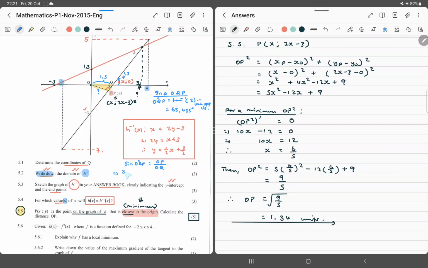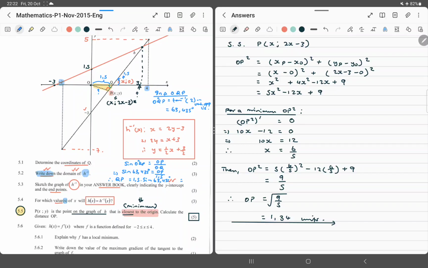This implies that sine of 63,435 degrees is equal to OP over OQ. This is 1,5. Therefore, OP is going to be 1,5 times the sine of 63,435 degrees.